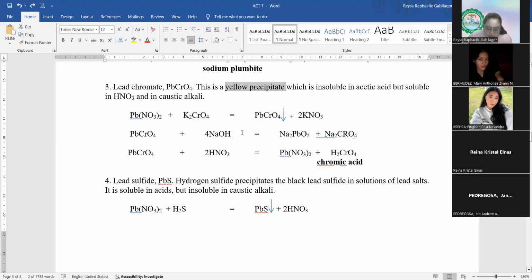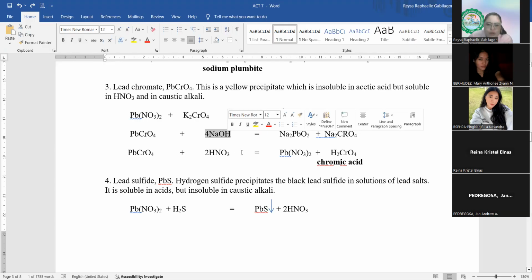Which is insoluble in acetic acid but soluble in nitric acid and caustic alkali. So, right, 2-5A, solubility in sodium hydroxide. Actually, lead chromate is soluble in sodium hydroxide.